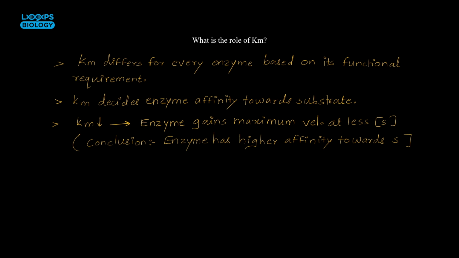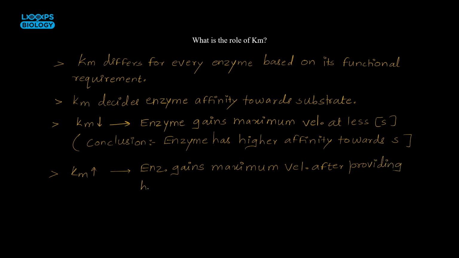Got it, guys? So that is similar whenever the Km is going to be more. So whenever I'm increasing the Km, what will happen, guys? The enzyme gains maximum velocity after providing high concentration of substrate.